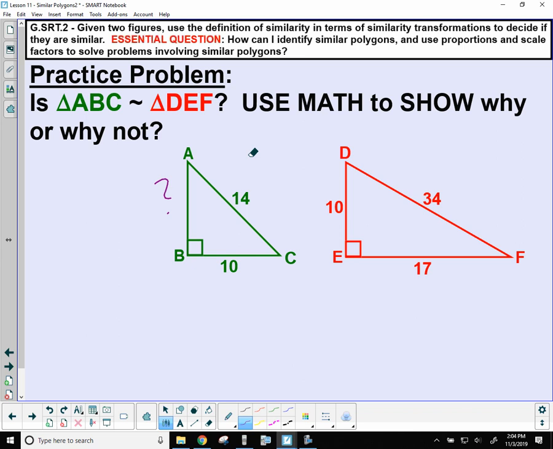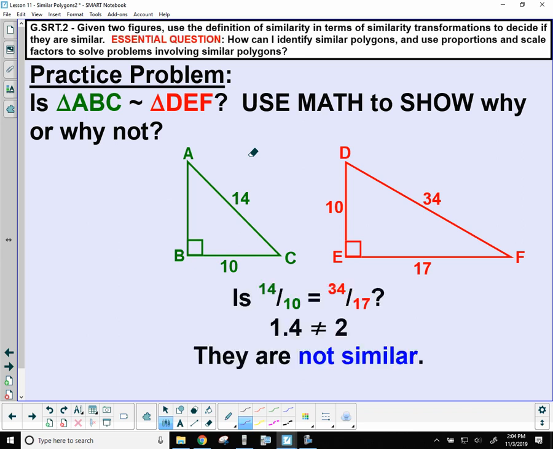Okay, so notice, just using what was given, they're not similar. 1.4 is not equal to 2, so the ratios fall apart, so they're not similar. So there's no need to even find this missing side, because these other ones aren't even proportional, so there's no point in trying to find that third side. They all have to be proportional.